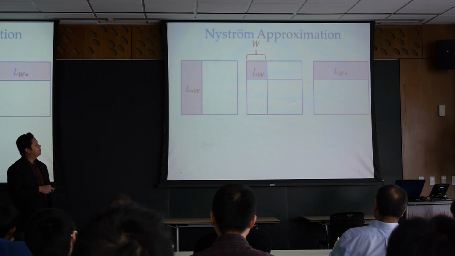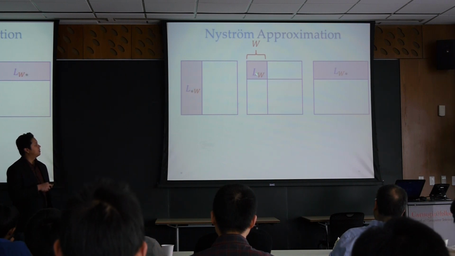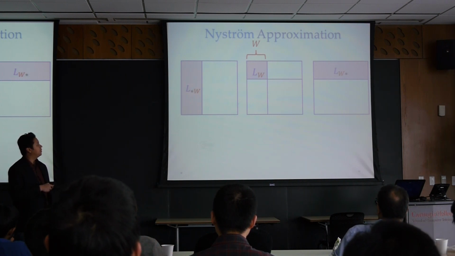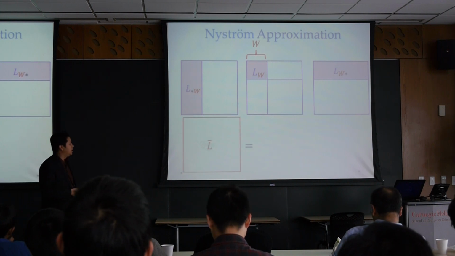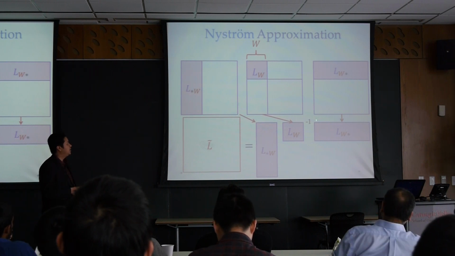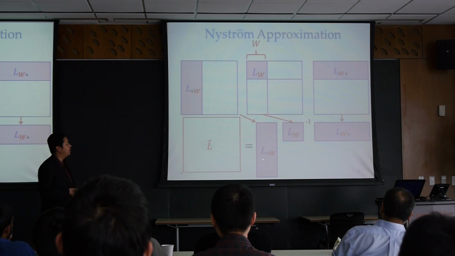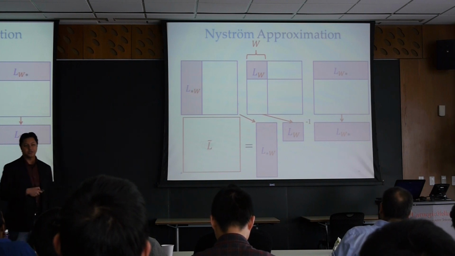Then I decompose the matrix as a submatrix containing all the landmarks, and the column vector and the row vector associated with the landmarks. What the Nystrom approximation does is take the inverse of that submatrix and multiply it with the column and row. That will give you an approximation of the original matrix.